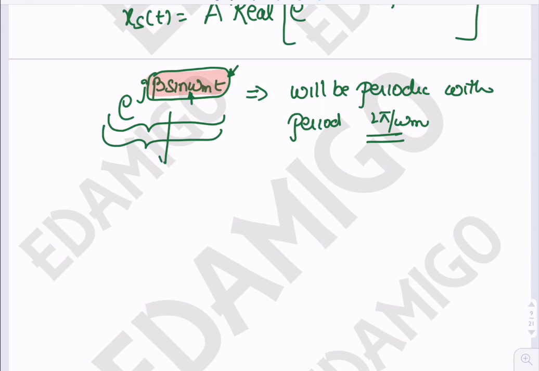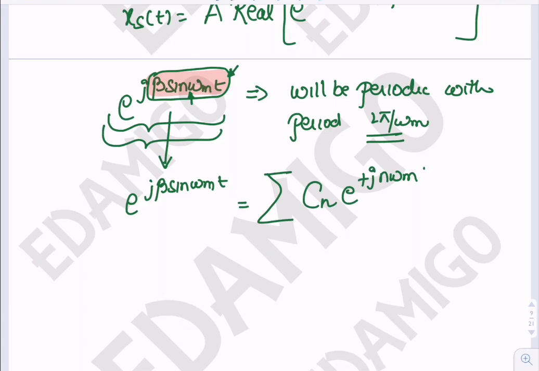Since it is periodic, it can be written in the Fourier series form. Let Cn be the exponential Fourier series coefficient, so it equals the sum of Cn e to the power j n omega_m t, with n going from minus infinity to infinity.